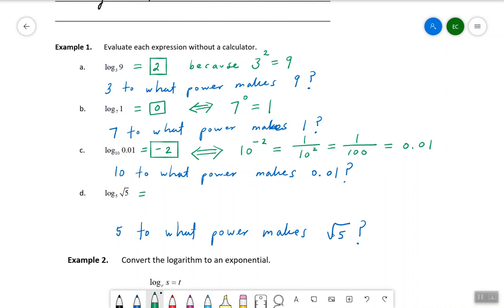We said that the square root of 5 is the same as 5 to the 1/2 power. So the exponent will be 1/2. The base 5 raised to the exponent 1/2 is the same as the square root of 5.